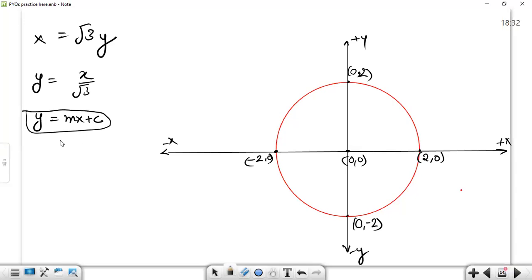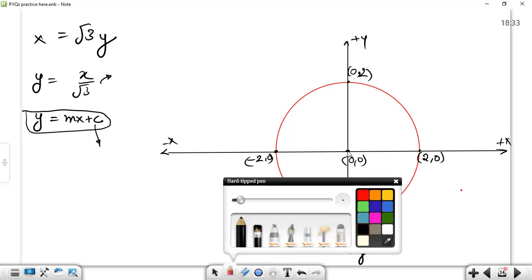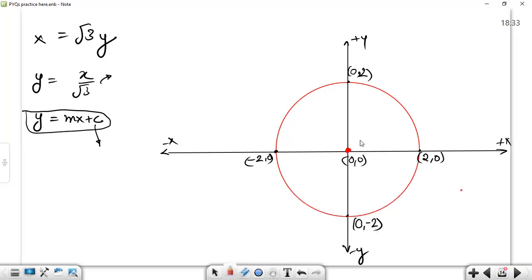Intercept means where the straight line is cutting the y-axis. So this is 0, which means the straight line is passing through the origin. As we put x equals 0 here, y will also be 0.